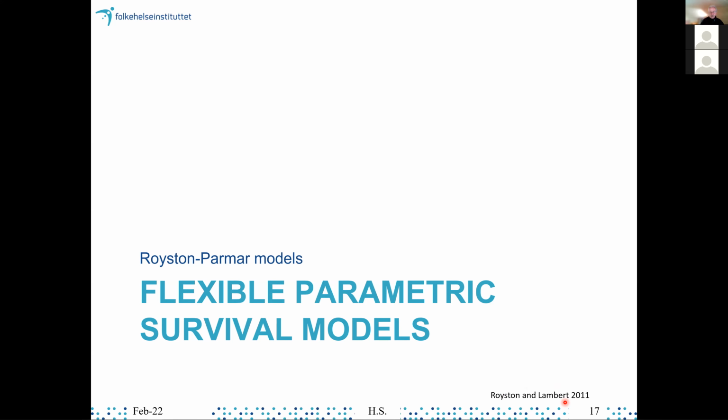And if you'd like my short version of why we should use flexible parametric rather than Cox, it is that the flexible parametric and the Cox model will estimate exactly the same under standard conditions, but the flexible parametric models have better options for handling non-proportional hazards and better predict options.